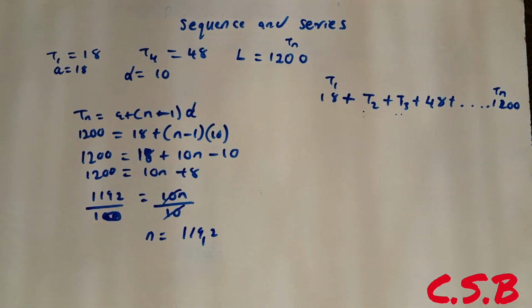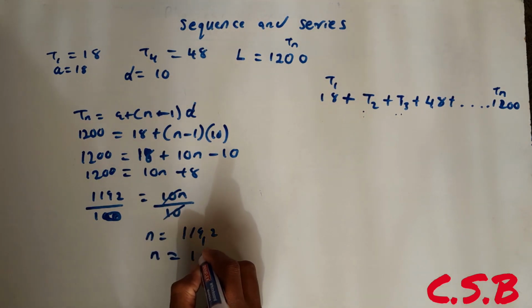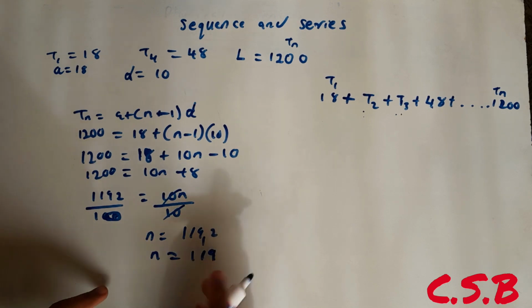Let me check on my calculator. 1192 divided by 10, yeah, it's 119.2. So you need to round this to the nearest integer, which is 119 terms. So there are 119 terms here.